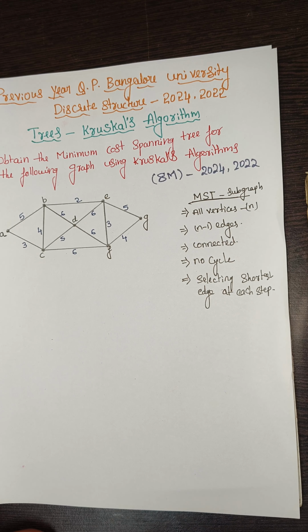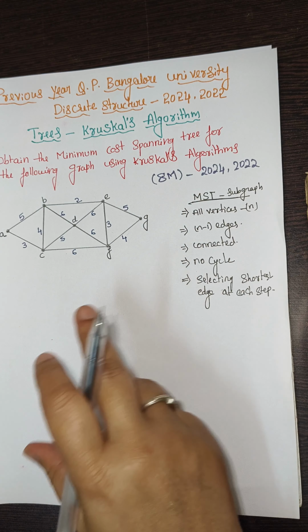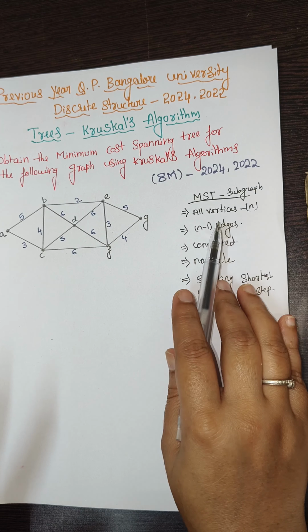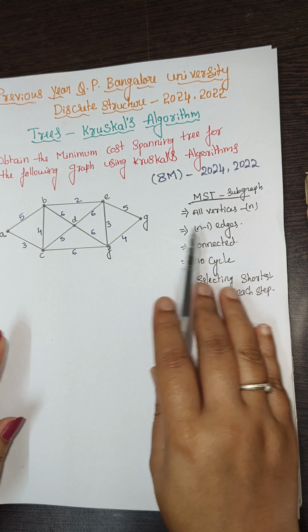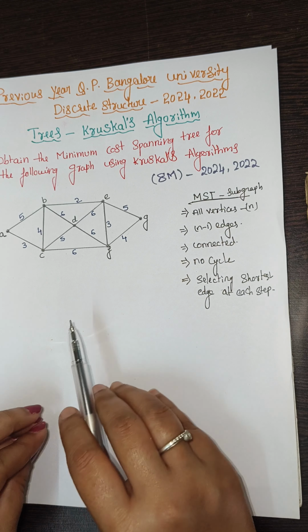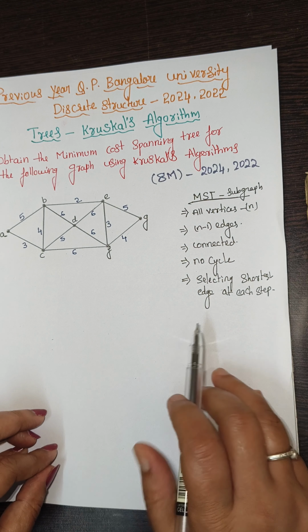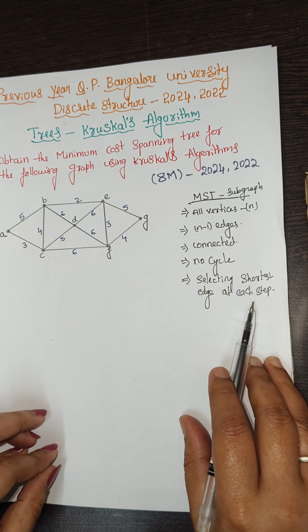If you remember these points, then it's very easy to solve this one. Okay, what is that? It contains all the vertices from the main graph, and it should contain n minus 1 edges, and it should be connected and no cycle should form, and we are selecting the shortest edge at each step.